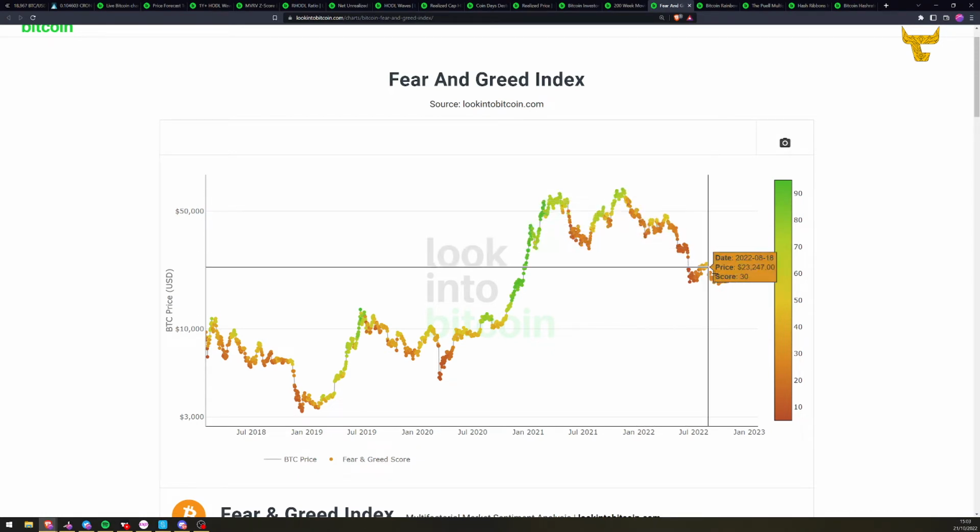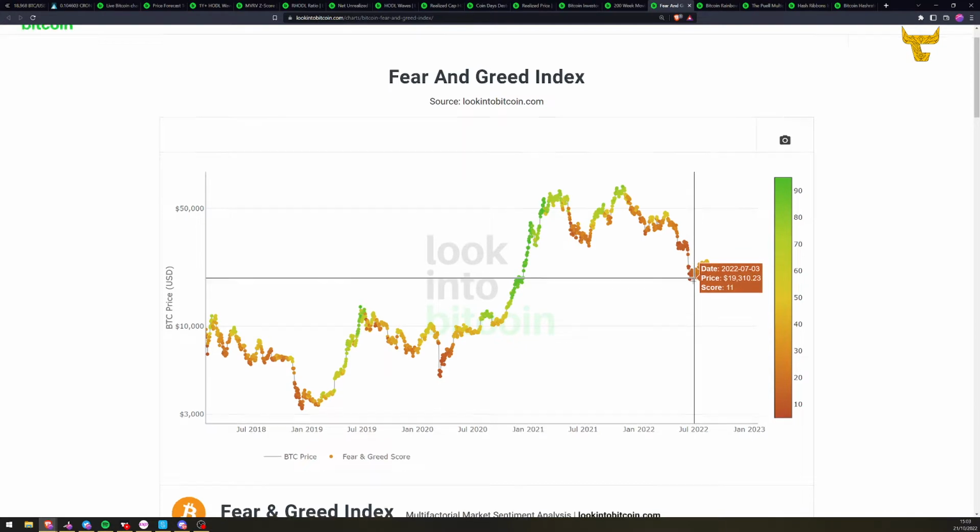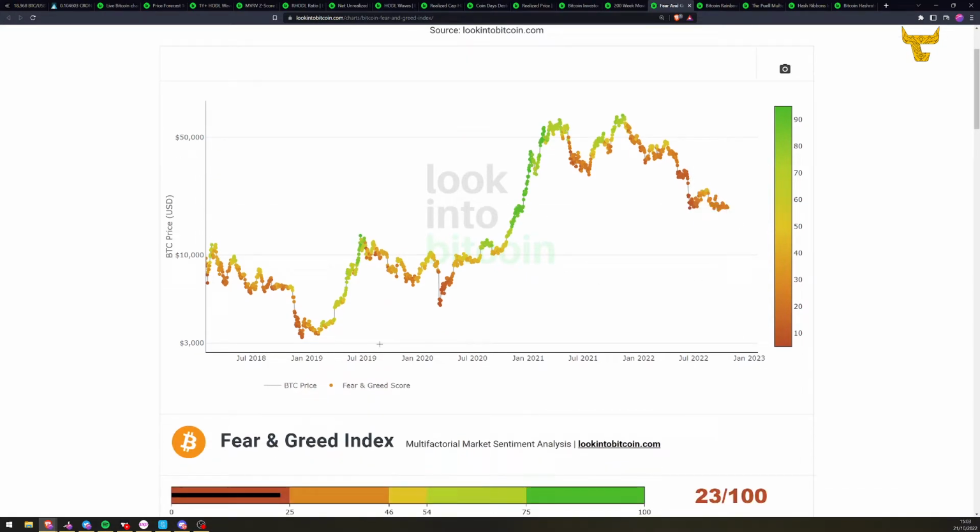We've been into fear since the top, but a lot of extreme fear. Now, should we see another down? Let's see. Because here we spent a lot of time in fear, extreme fear, before dropping another 50%.